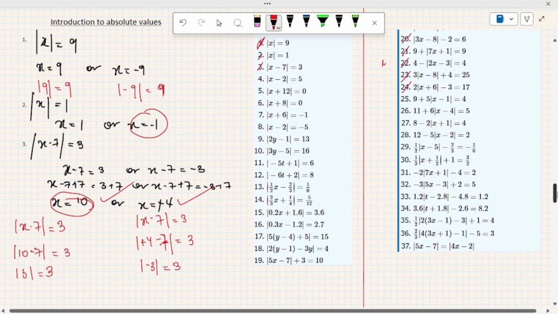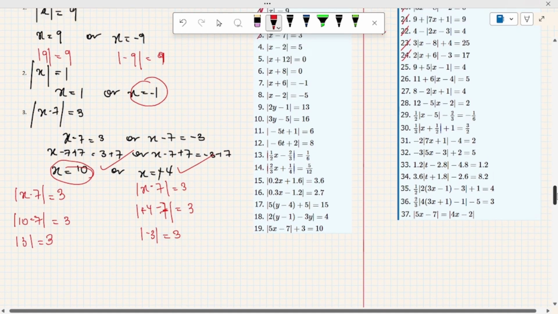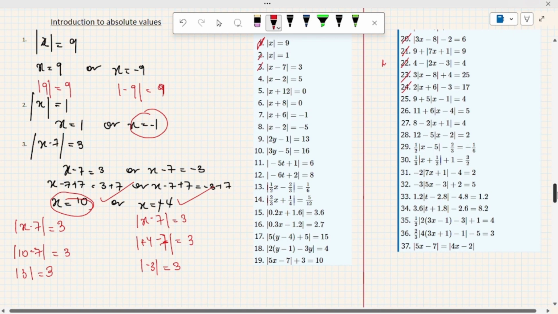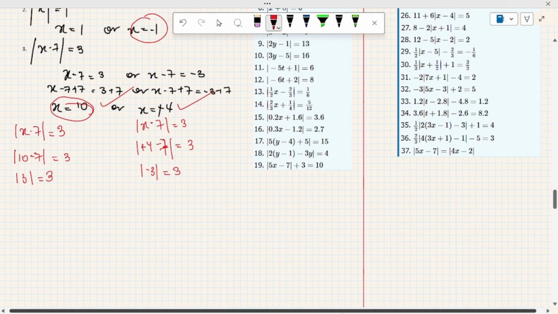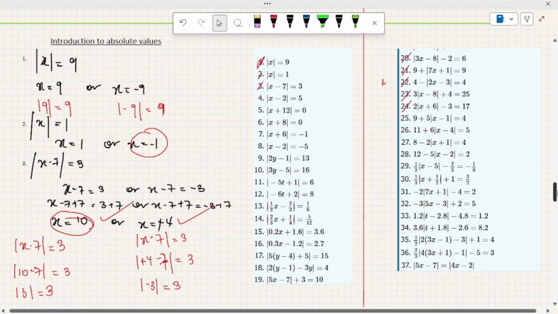So let's move to our second question. We're going to do number 20, because number 20 is a much more challenging one, and you don't want to do a repetitive thing, because this is a tutorial. You need to know how to tackle different questions, rather than doing the same thing repeatedly, because I already know this. I just want to show you how it's done, for those that are struggling with mathematics.